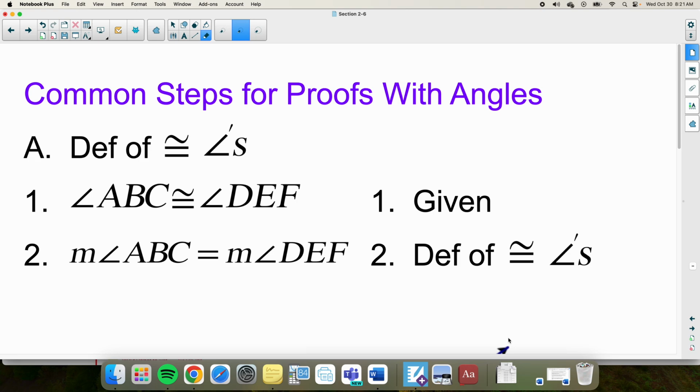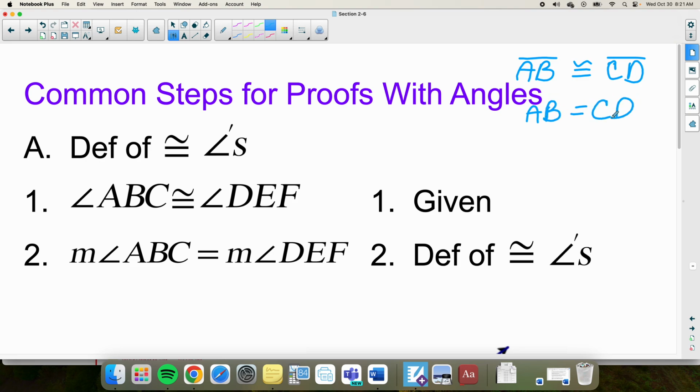One of the things that we did in the segment proofs was if you had segment AB congruent to segment CD, we could take the bars off, or we could put the bars and squiggly back on, and that was called definition of congruent segments. So we have a step that's just like that for angles.